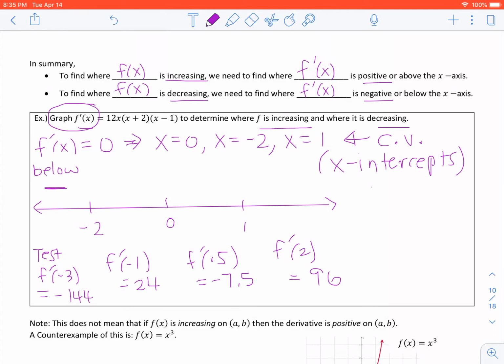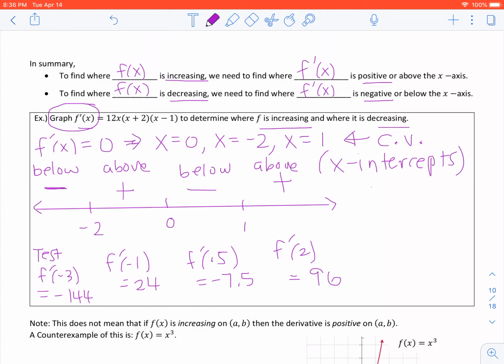The next interval here is positive. And that means that we have a positive slope for our original function. However, the graph of our derivative is going to be above the x-axis because it's positive. And then the next one is likewise negative, and it's going to be below. And the last one is positive, and it's going to be above. And don't always assume that it's going to alternate like this because it doesn't.